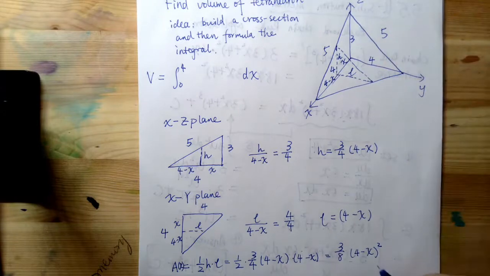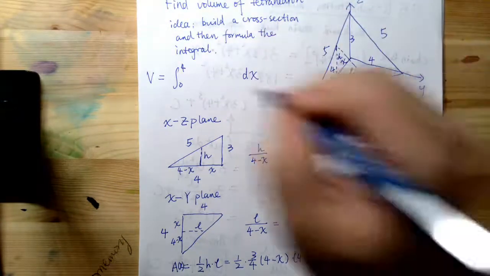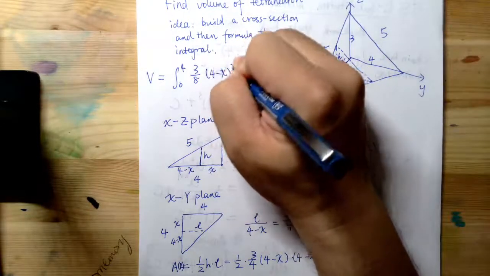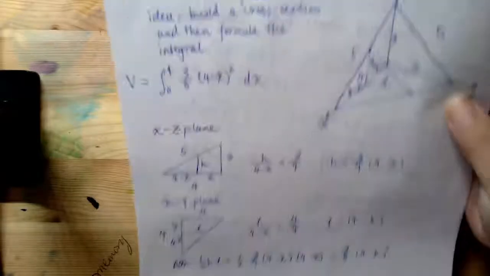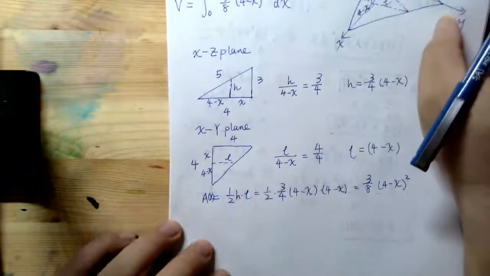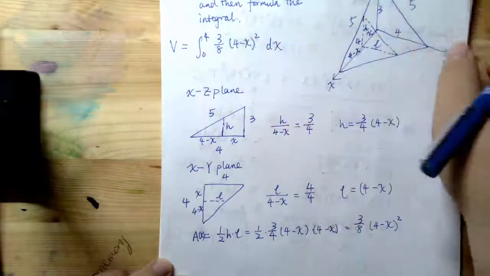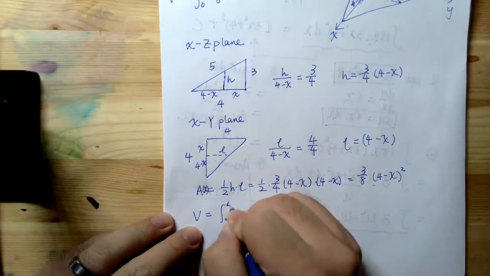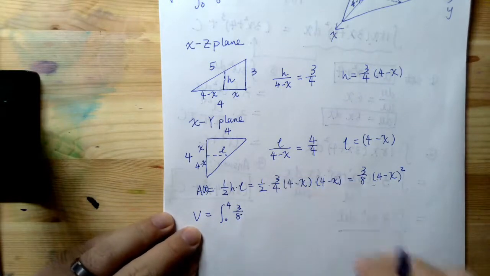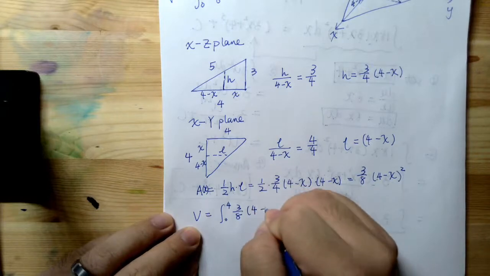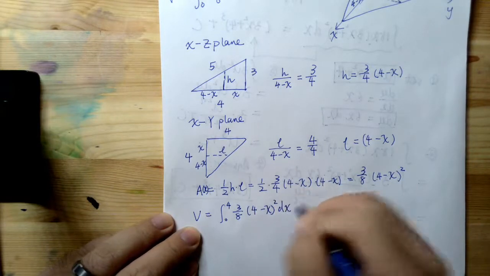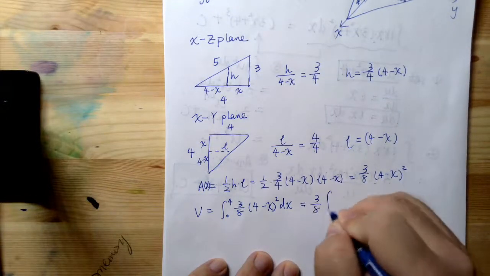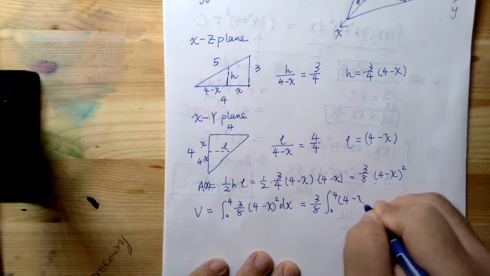That's exactly what we're going to put back into this integral, which is 3 over 8 times 4 minus x squared. Then the following part is just to evaluate this integral, which is V equals the integral from 0 to 4 of 3 over 8 times 4 minus x squared dx. We can take this 3 over 8 out.